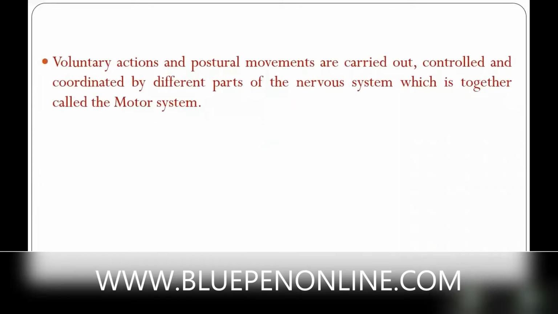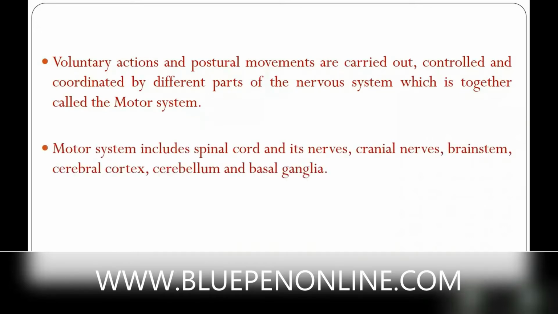Voluntary actions and postural movements are carried out, controlled and coordinated by different parts of the nervous system, which together are called the motor system. That's what I told you previously. It includes the spinal cord and its nerves, cranial nerves, brainstem, cerebral cortex, cerebellum, and basal ganglia.